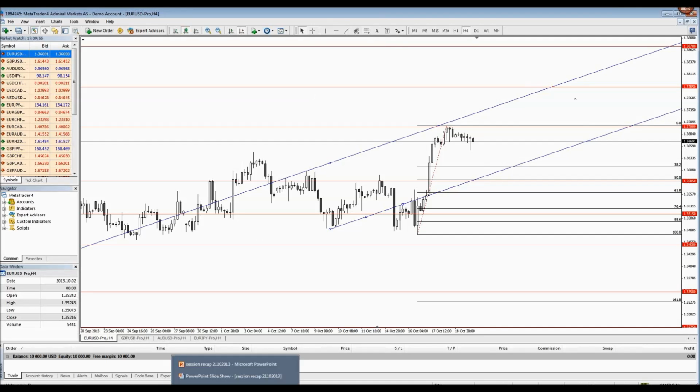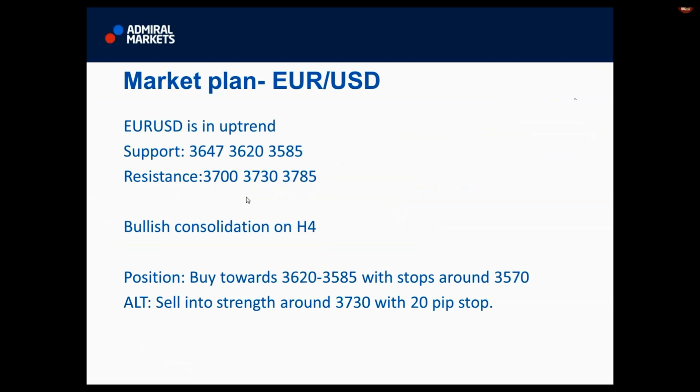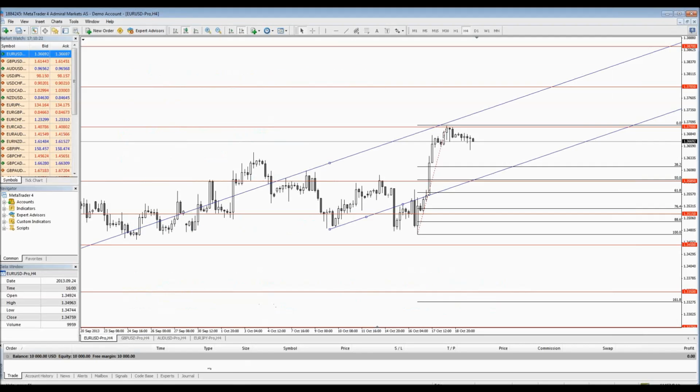So, the alternative scenario is to wait at 37.30 if this doesn't happen, and sell it with a 20 pips stop loss. It's called selling into strength, because we are basically selling when euro is going up. And I don't want to see euro going fast paced towards 37.30.